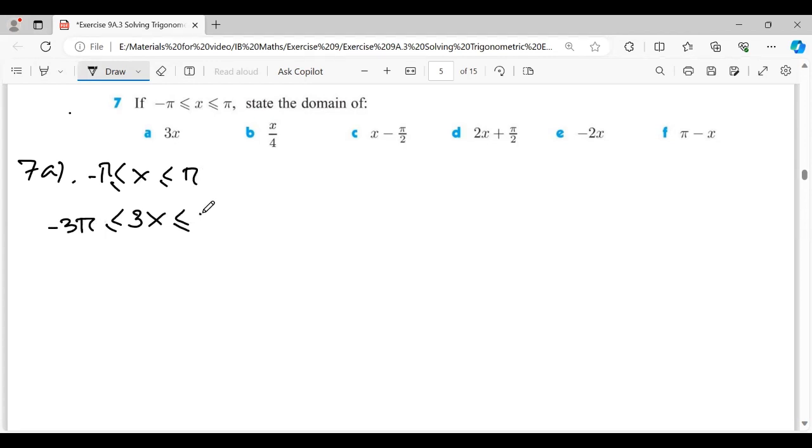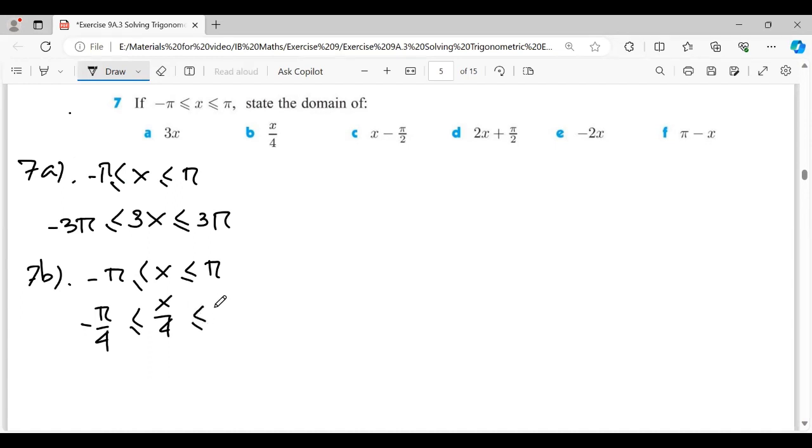And this is times 3 as well, 3 pi. 7b. Okay, if x, again, interval from negative pi to pi, if x divided by 4 as well, negative pi divided by 4, and pi divided by 4 as well.